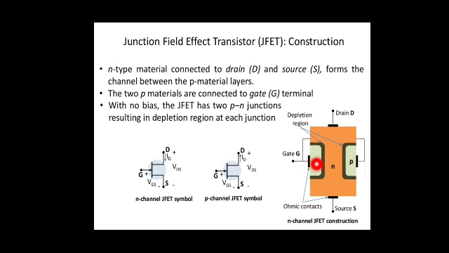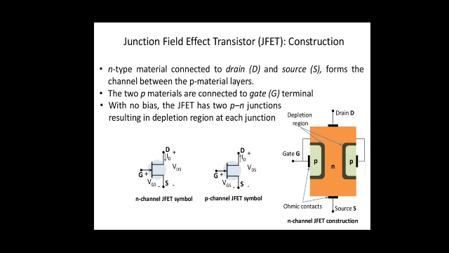The trivalent doping is done at the sides of the channel, so due to that it will form a p type of material. These two p type of materials are known as gate, and they are commonly connected to a common terminal known as gate.